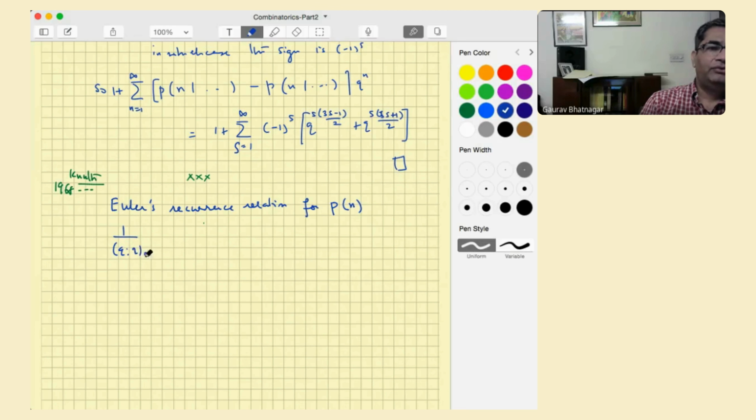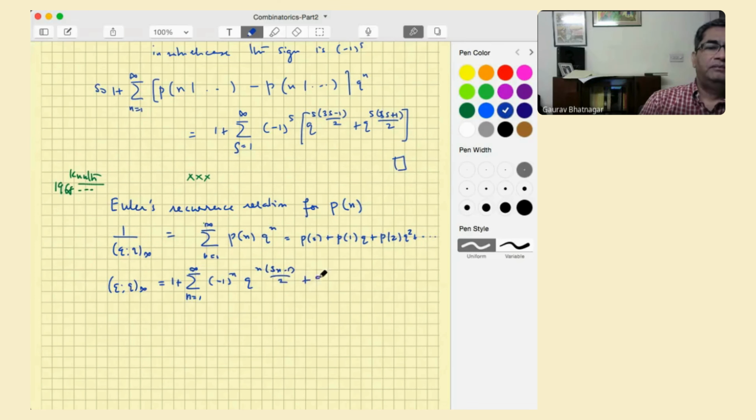He took 1 over (q;q) infinity, which is the generating function for partitions, so this is p0 plus p1 q plus p2 q squared, and so on. And then there is (q;q) infinity, which he just calculated as 1 plus the sum over n from 1 to infinity of minus 1 raised to n, q raised to n(3n minus 1)/2, plus q raised to n(3n plus 1)/2.